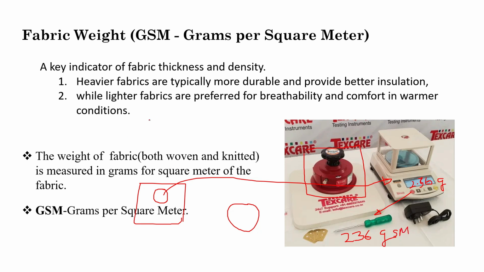Because GSM means the gram value of 1 square meter, but here this cutter cuts 100 square centimeters, so to get the value we have to multiply by 100.